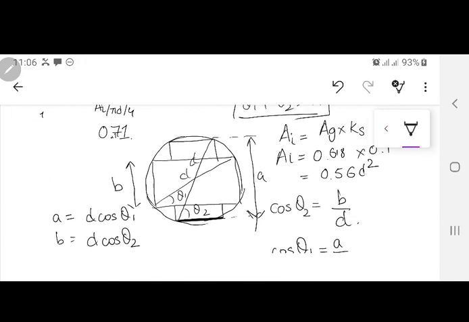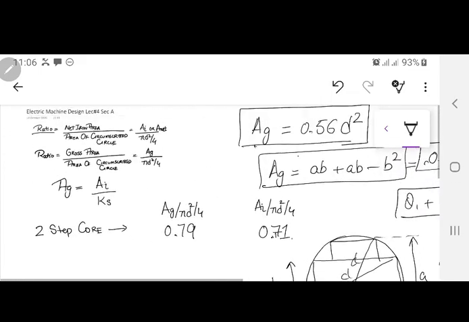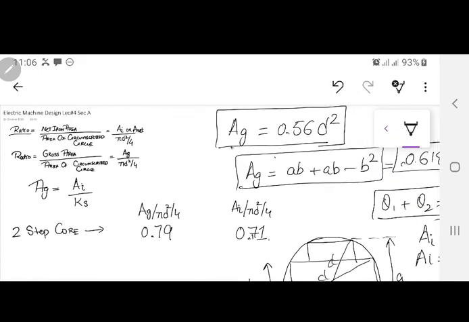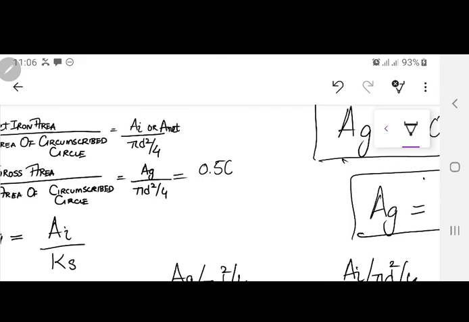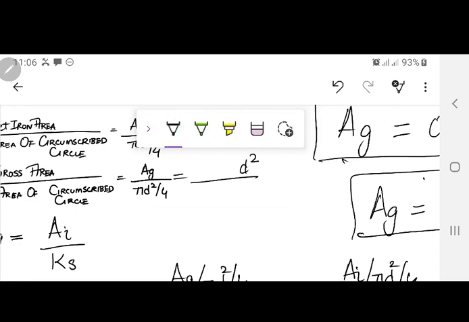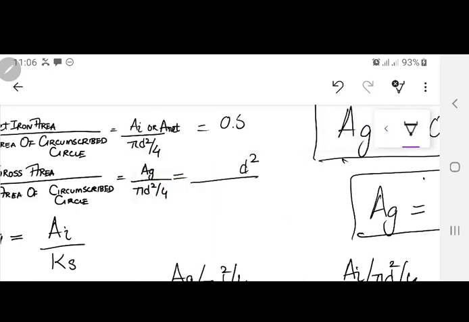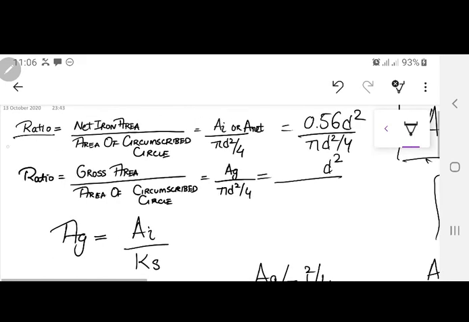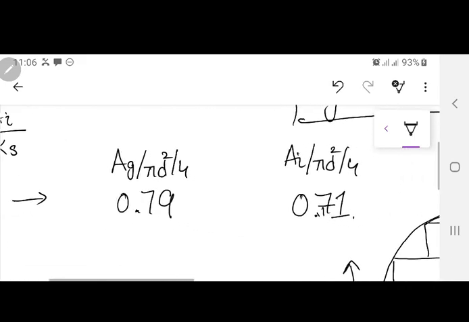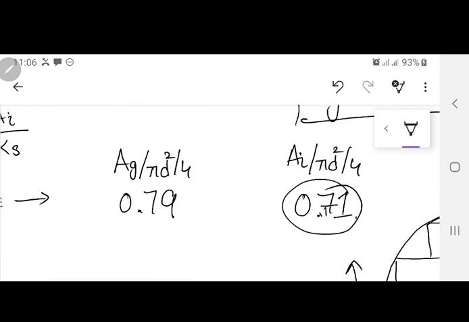Now if I come back to this relation, the net iron area is 0.56 d square divided by pi d square by 4. The d square cancels, and the ratio comes out equal to 0.71. This tells you that 71% of the circumscribed circle is net iron.